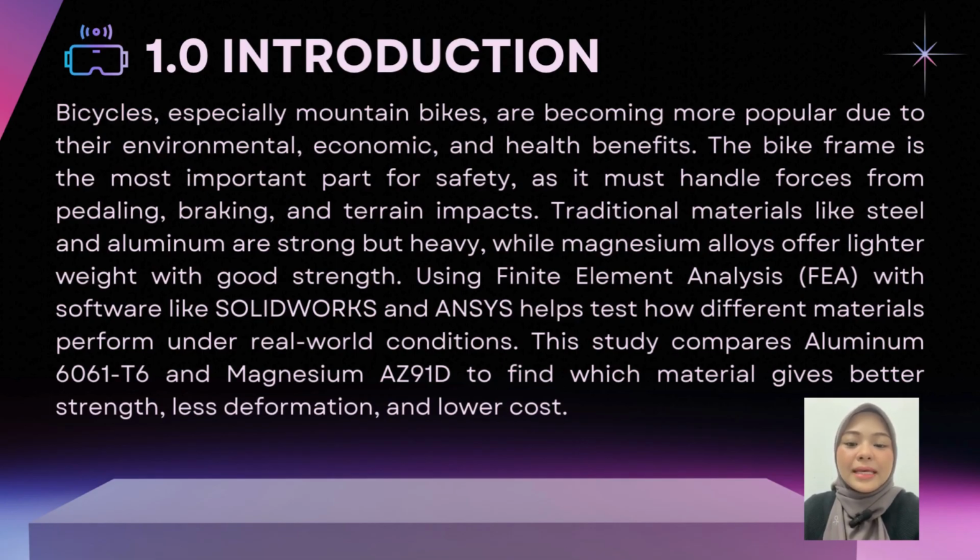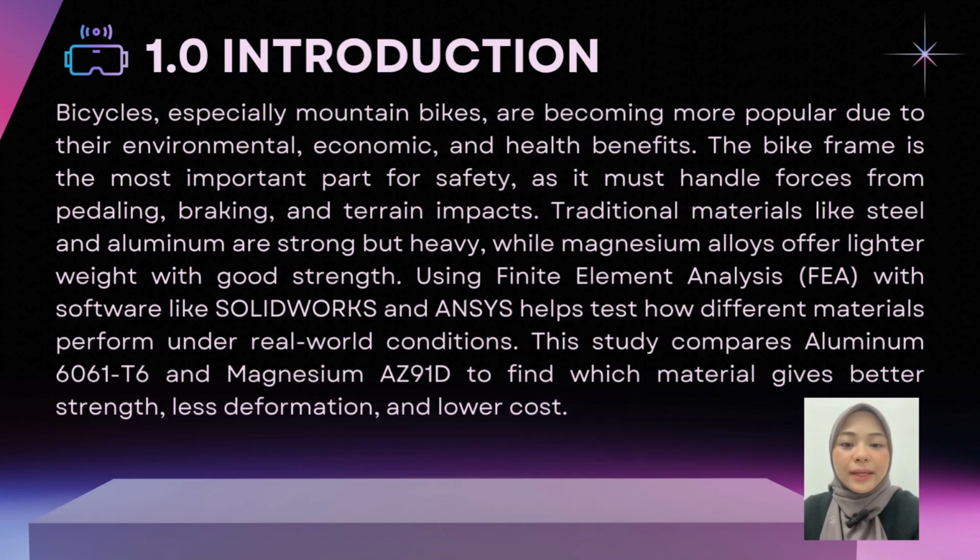The frame is the most important part of a bike because it handles all the force from pedaling, braking, and riding over rough terrain. While materials like steel and aluminium are strong, they can be heavy. Magnesium alloys are lighter, which could improve performance.